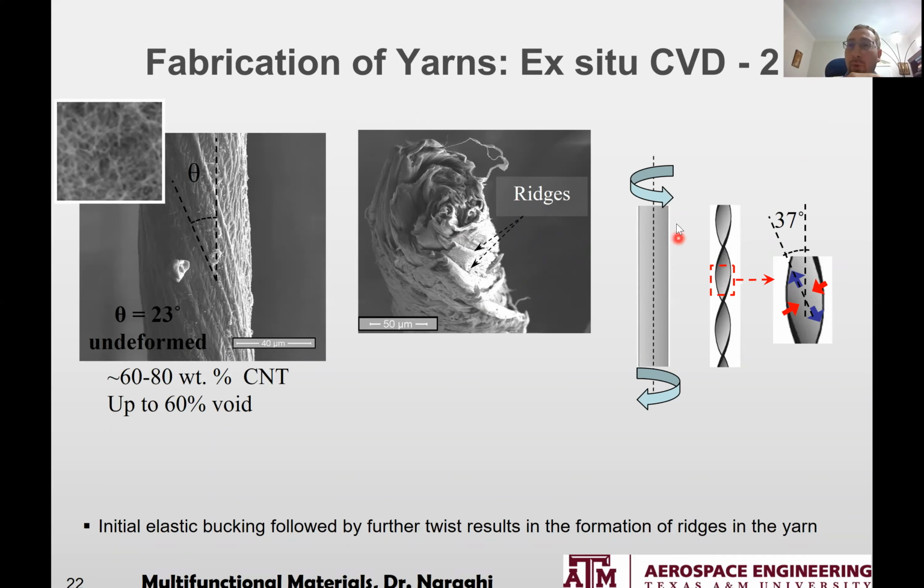When I'm rolling up a mat, I'm twisting it basically, and this generates some compressive forces and some tensile forces, and this is a very important concept in solid mechanics.